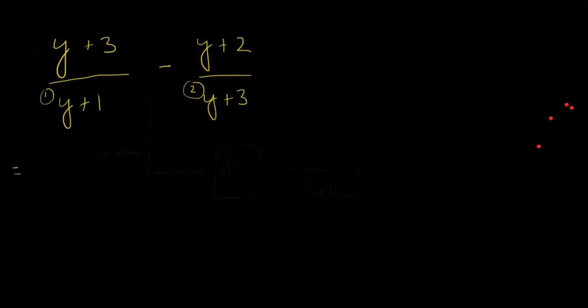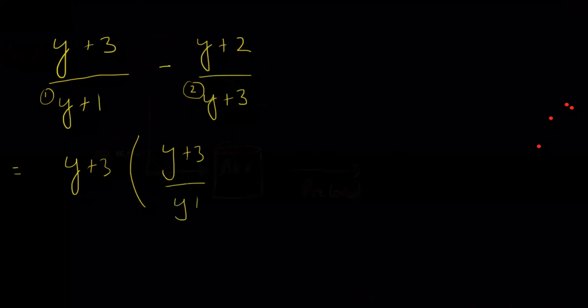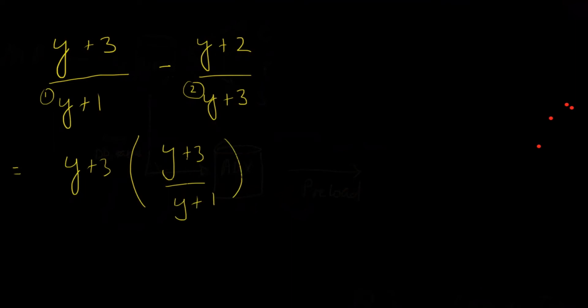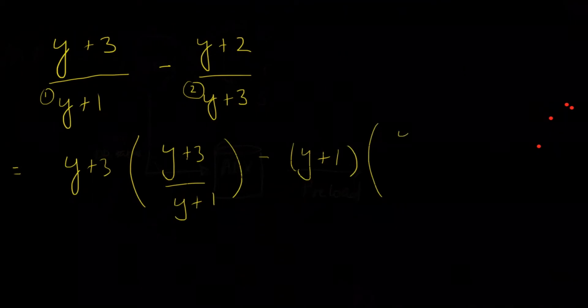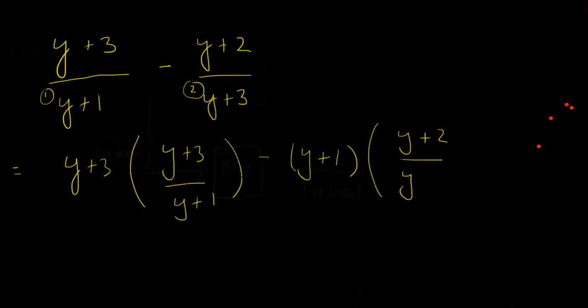So it becomes y plus 3, whole bracket, minus, I'm going to put the first expression outside, and I'm going to open the bracket, and again I'll just put the colors in so you're completely aware.